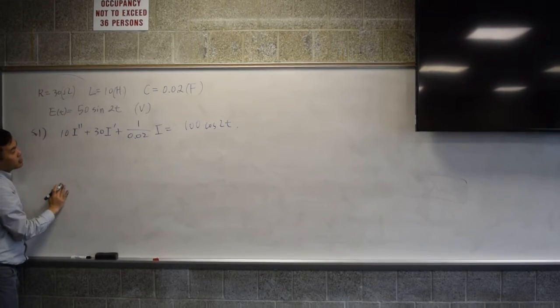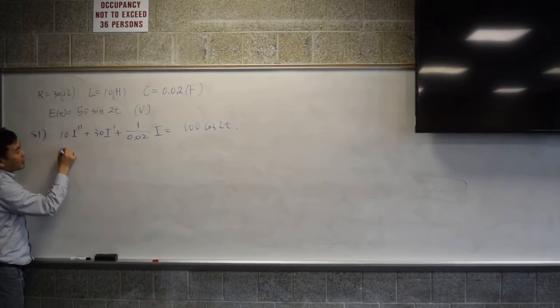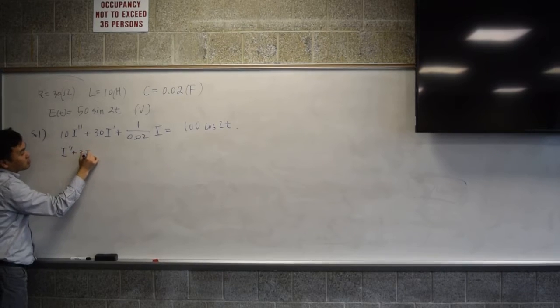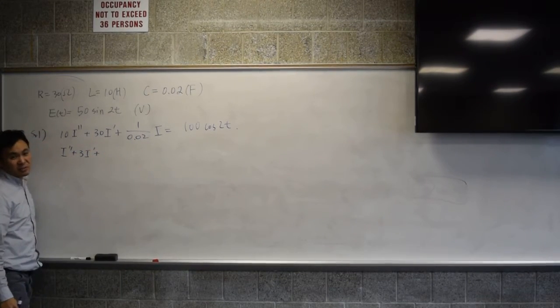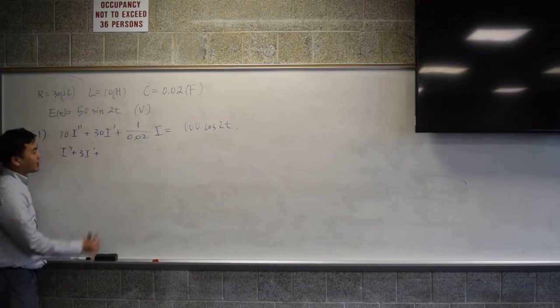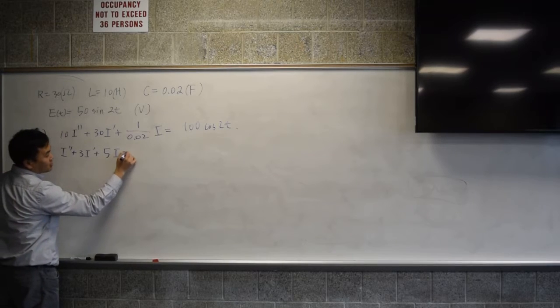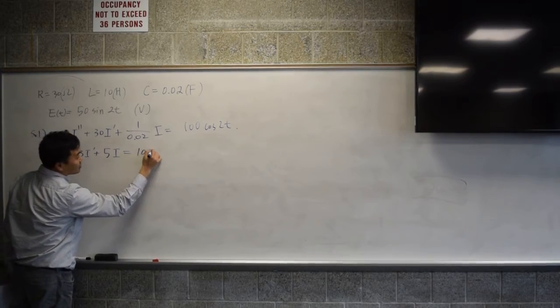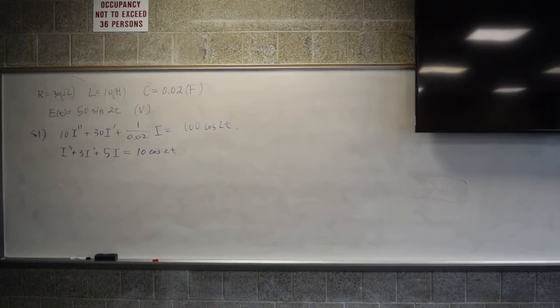All right, thank you. Therefore, if I divide everything by 10, I get I double prime plus 3I prime plus, let's see, what is this? This is 50. 50 divided by 10 is 5. And then if you divide by 10, it's 10 cosine 2t. That's right?